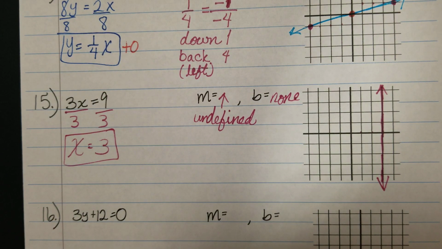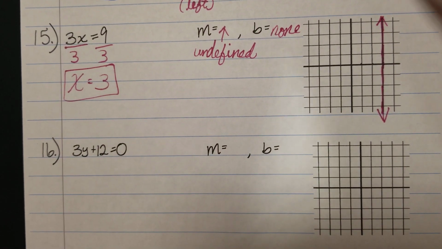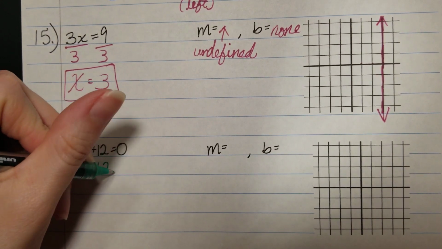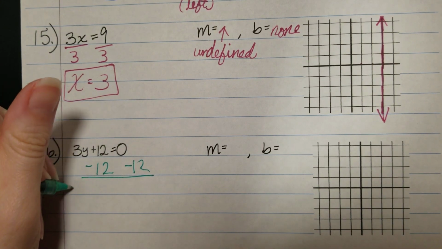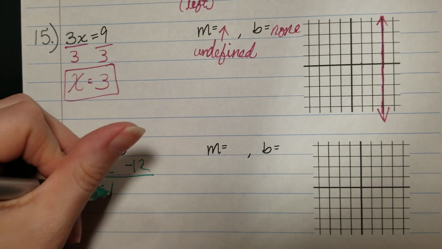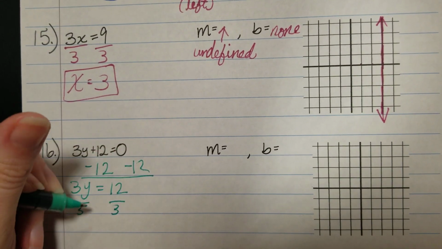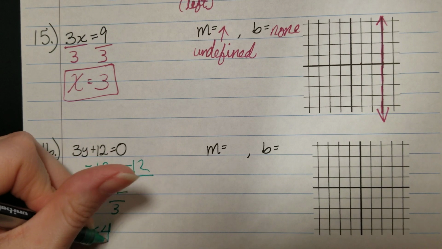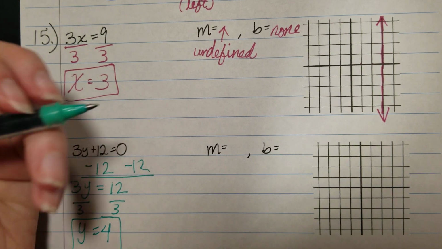All right, number 16. I'm going to solve for y. Subtract 12 from both sides. And that gives me 3y equals 12. And then divide both sides by 3, so y equals 4. So that's a horizontal line at 4. Should be -4.